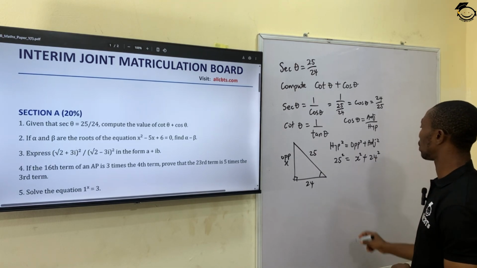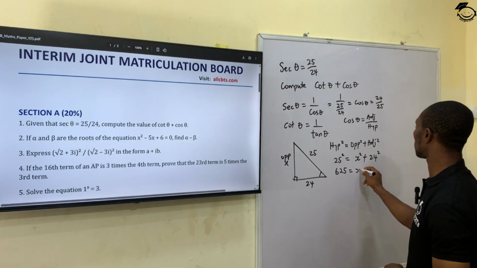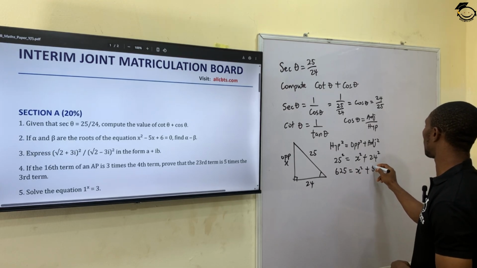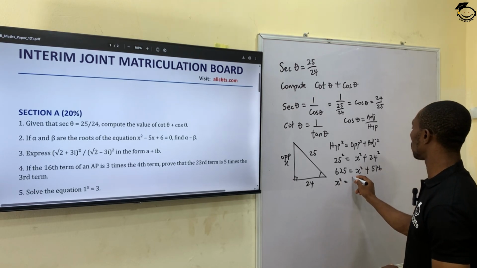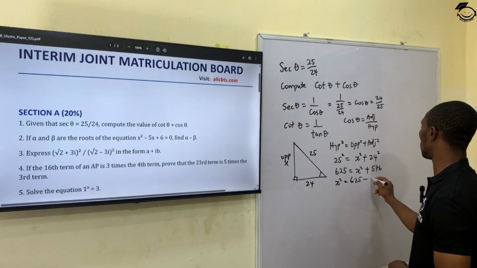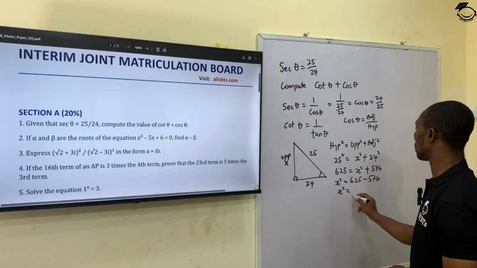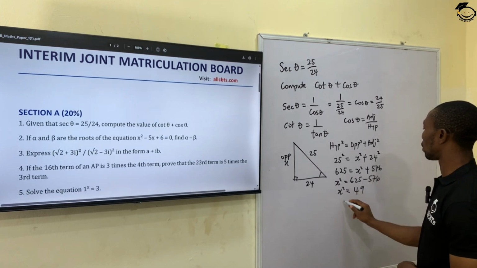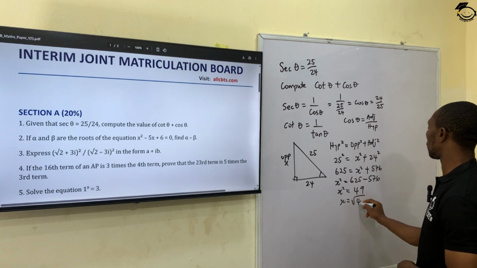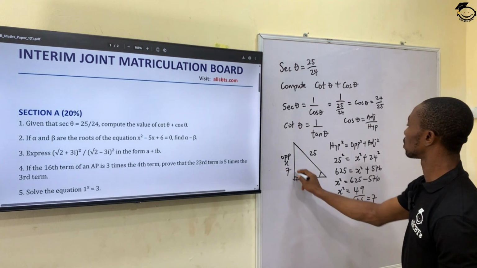So 25 squared will give us 625 equals x squared plus 576. So our x squared will be 625 minus 576, which gives us 49. So x equals root 49, which will give us 7. So our opposite will be 7.